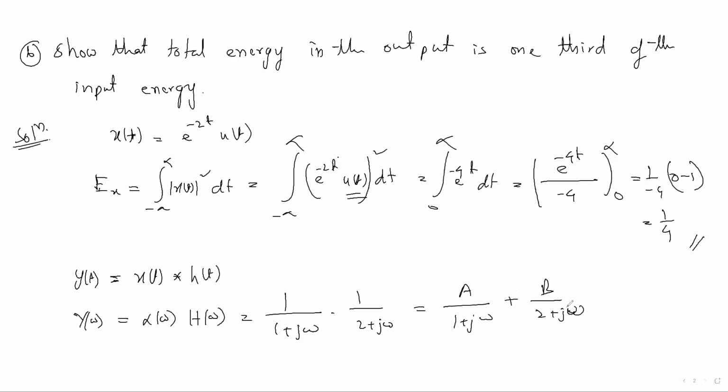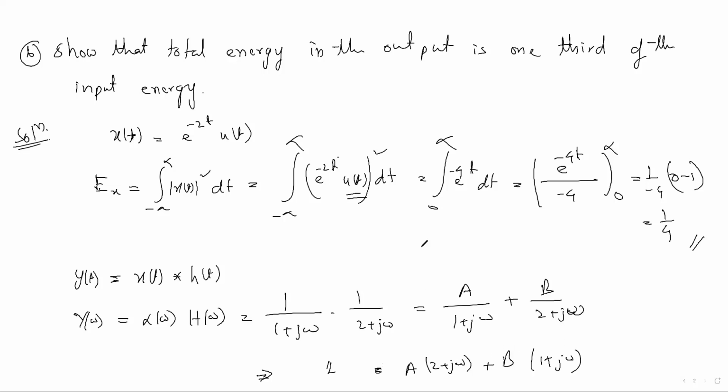Try to solve for A and B. How can we solve it? 1 equals A(2 plus j omega) plus B(1 plus j omega).